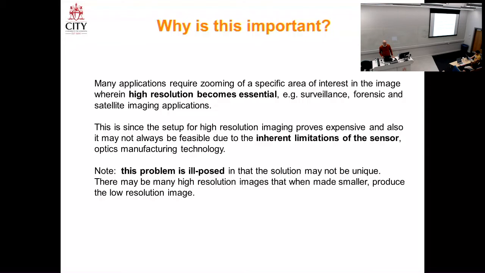So this problem is ill-posed in the sense that the solution is not unique. If I gave you this really low-res image, could you tell me what the high-res version of it looks like? Well, it's kind of hard, right? In fact, there are lots of possible high-res images that will produce this low-res image. Okay, so there's no unique solution to super resolution, but it doesn't mean we can't work on it.